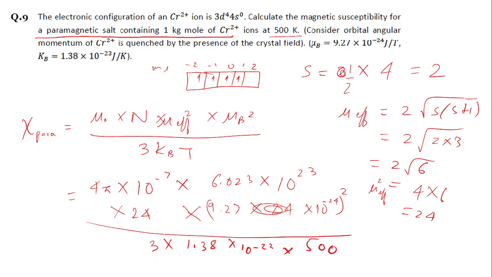When we do all this calculation, we'll get 4 times 4 times 6.023 times 24 times 7 divided by 3 divided by 1.38 divided by 500. That is the final answer after calculating all this. Chi for paramagnetic material will be 75.37, and now the powers.